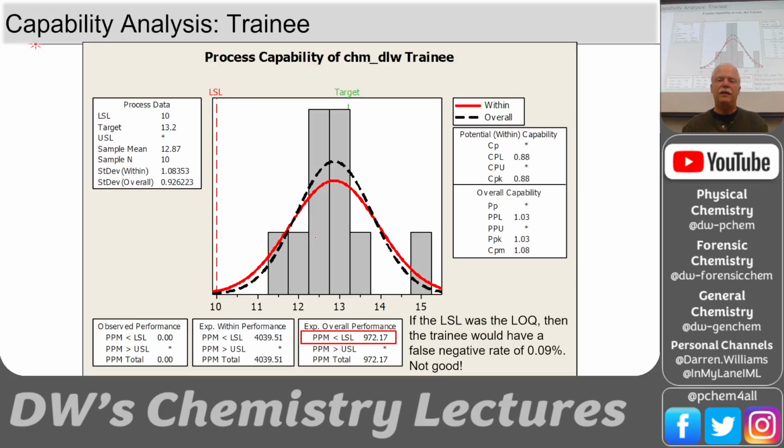Okay, lastly, this is something I don't test on. What I wanted to do here is just show you what we could do with the trainee and the forensic chemist data in terms of what's called a capability analysis.